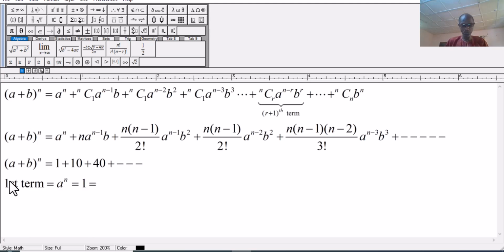We can write this as 1 raised to the power of n. So what it means is that our a is equal to 1. So we have gotten the value for our a.